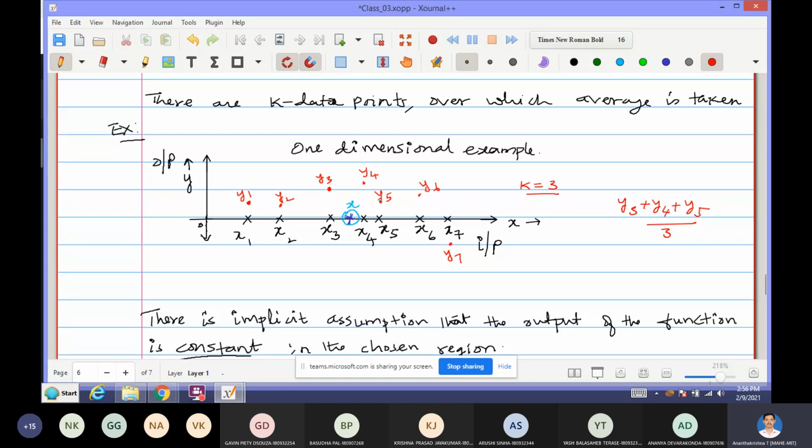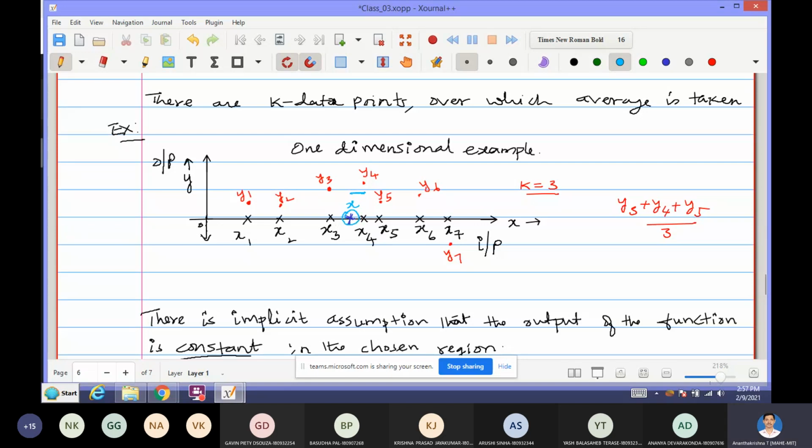Suppose this value is here, this is here, and this is here, and the average is somewhere here. Let me represent this by this color. It's interesting to know that even if you move this query point to the left or right within a certain region, this point will be the same, because in that region the nearest neighbors for the query point x are the same x3, x4, and x5.